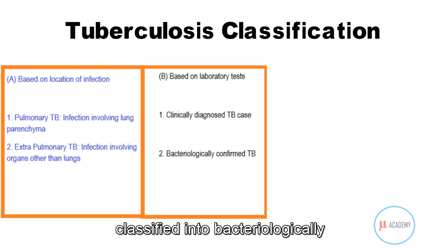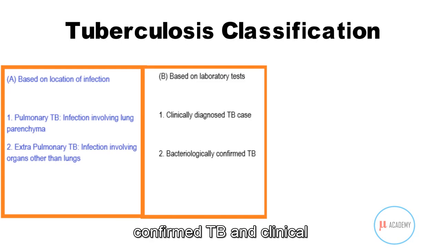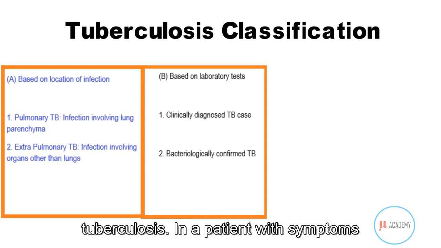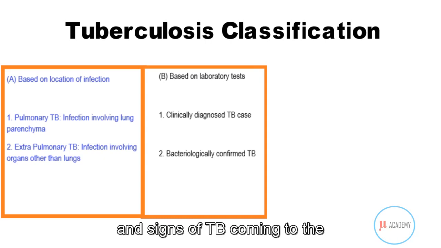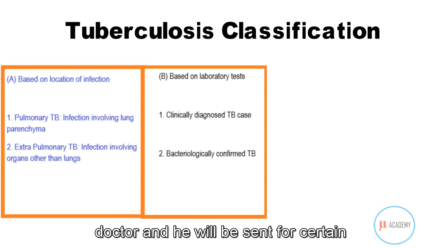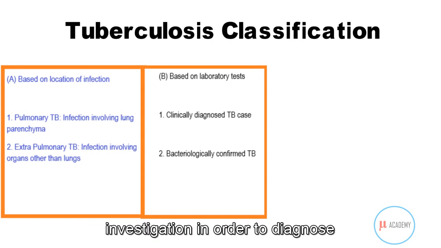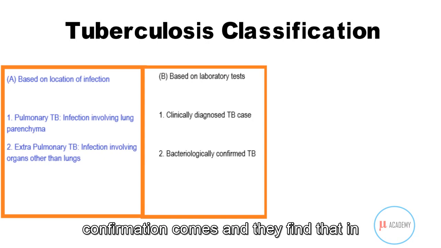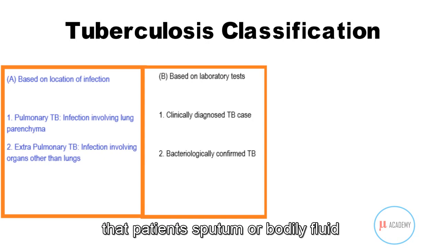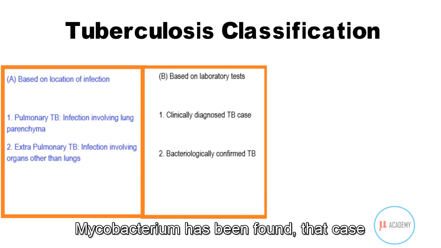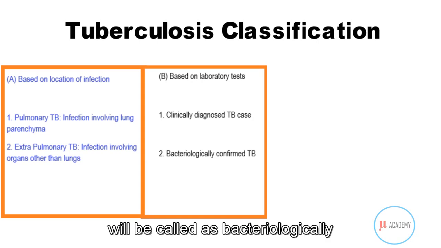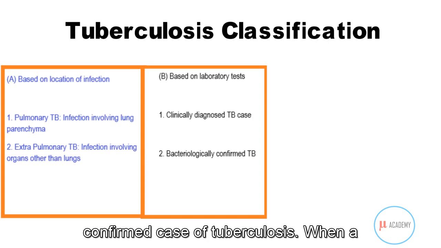Secondly, TB can be classified into bacteriologically confirmed TB and clinical tuberculosis. When a patient with symptoms and signs of tuberculosis comes to the doctor, he will be sent for certain investigations in order to diagnose tuberculosis. When the laboratory confirmation comes and they find that in that patient's sputum or bodily fluid, Mycobacterium has been found, that case is called a bacteriologically confirmed case of tuberculosis.